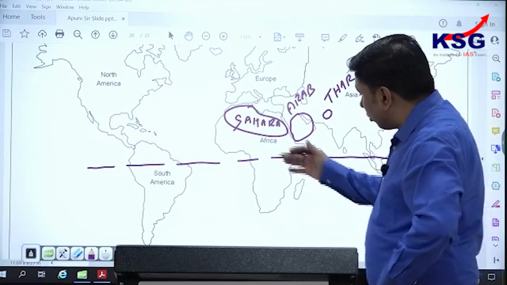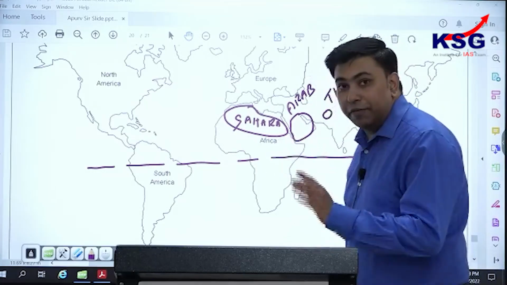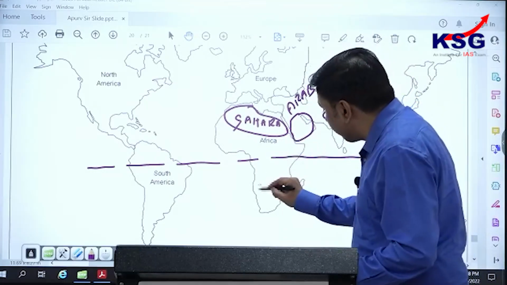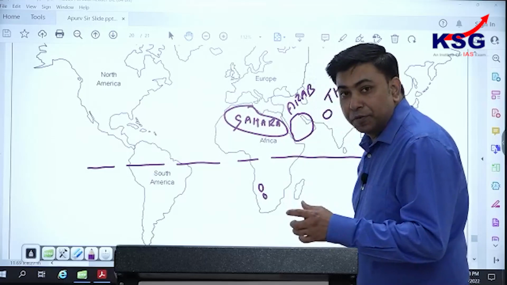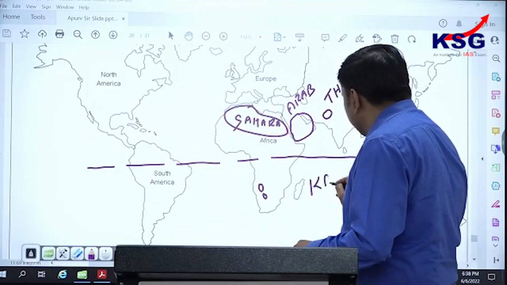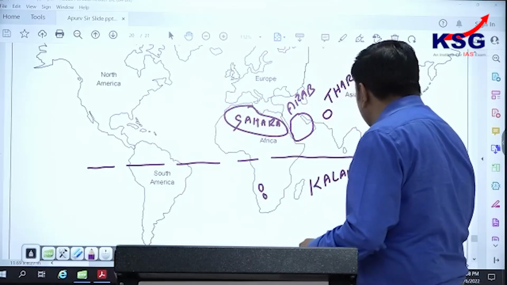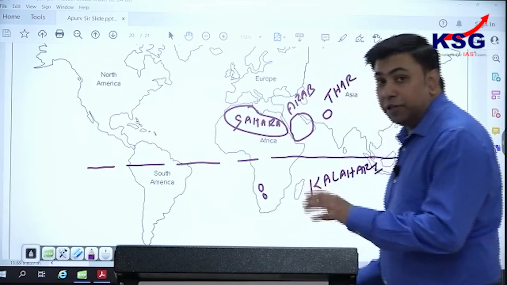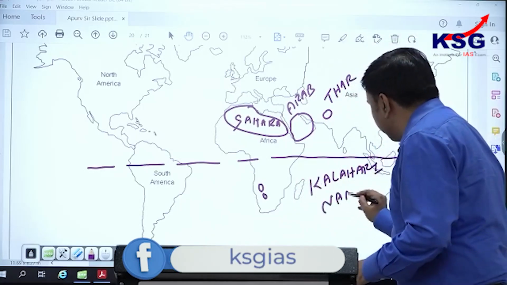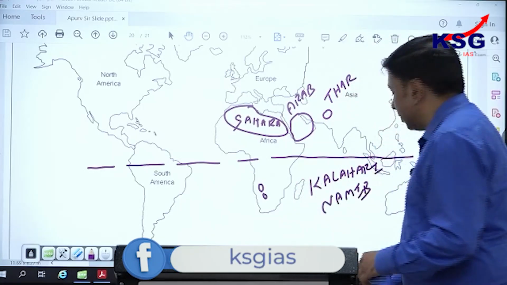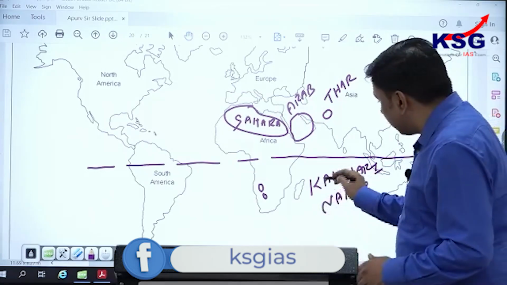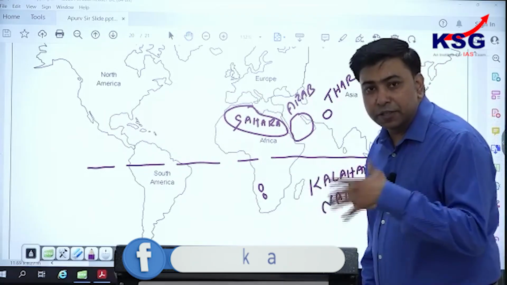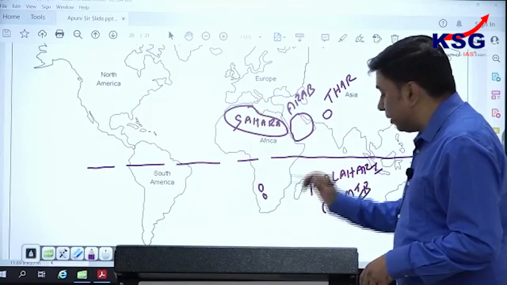Achha, when I take the regard of southern hemisphere in Africa, again here we are finding two specific deserts. One is called Kalahari, and the other one is known as Namib, N-A-M-I-B, Namib. Now Kalahari is in a country called Botswana, we will discuss in the coming time, and Namib is in Namibia.